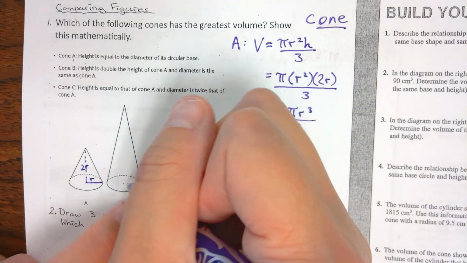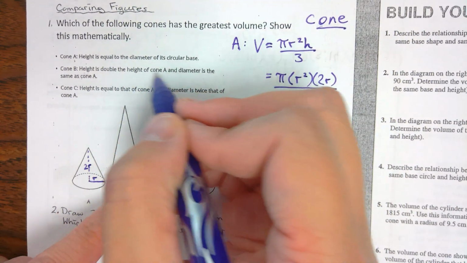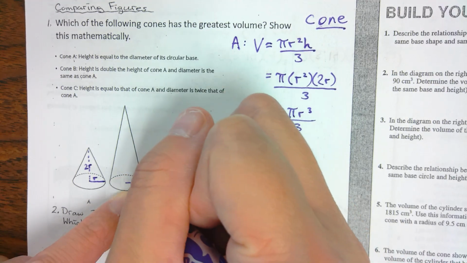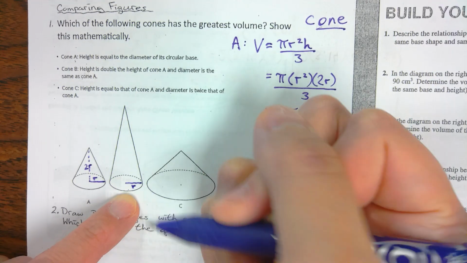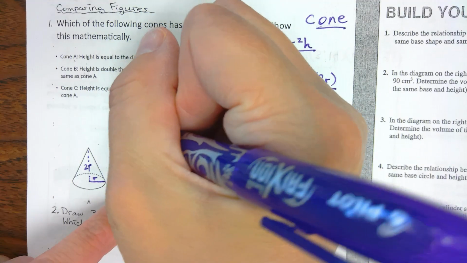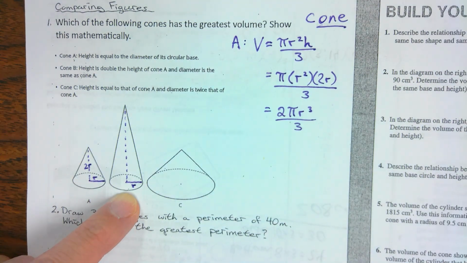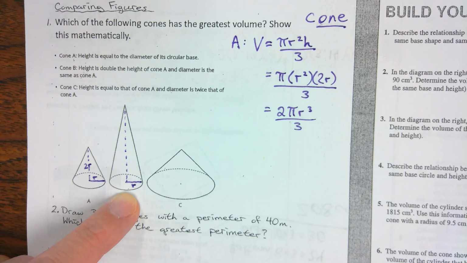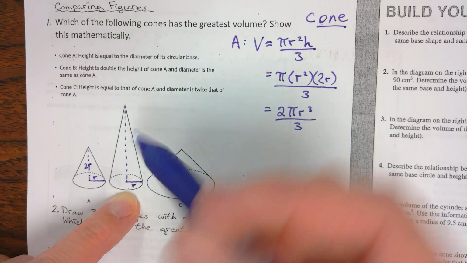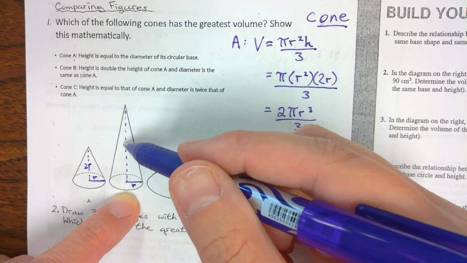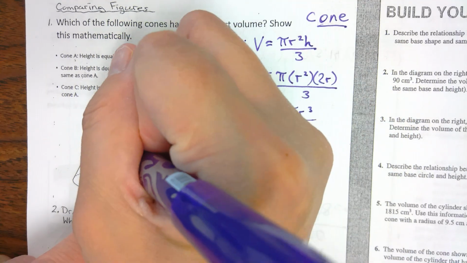Okay, this one, height is doubled and the diameter is the same. So if this is r, what is this height now then? What is the height of that cone? Cheyenne? What is the height of this cone? If that was 2, that would be like 4. Right, that's right.